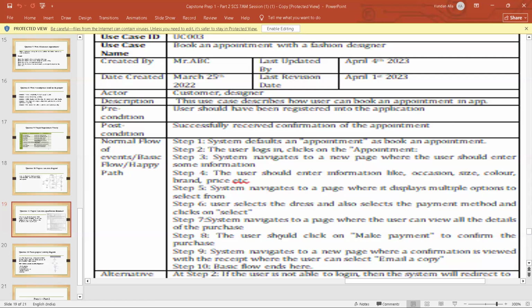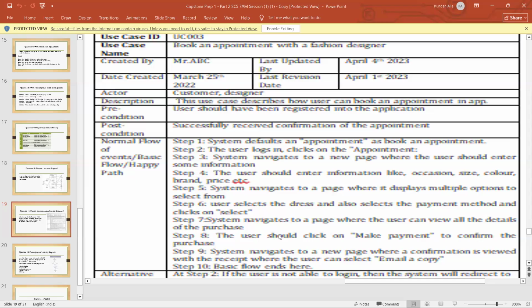So in general, what is the normal flow when you have opened an application to book an appointment for the fashion designer? The very first one is the login page, right? After filling in your details, it will have a dashboard. Once you have logged in, it will have a dashboard, where we have some other options also. But as of now, what we need to do is book an appointment, right?